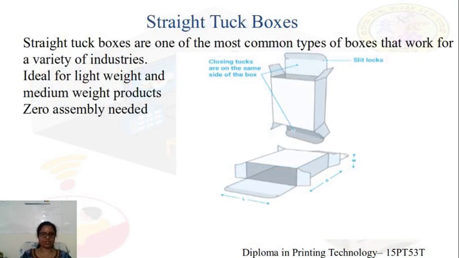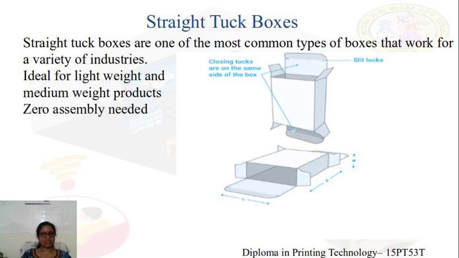Straight tuck boxes. The straight tuck boxes are one of the most common types of boxes that can be packed with various products such as food industry, pharmaceutical industry, electronics and lot more.